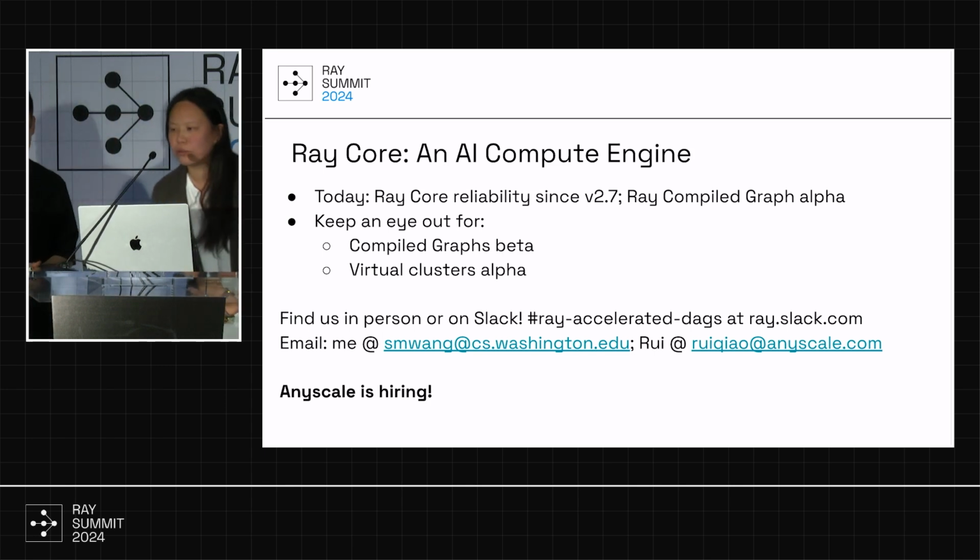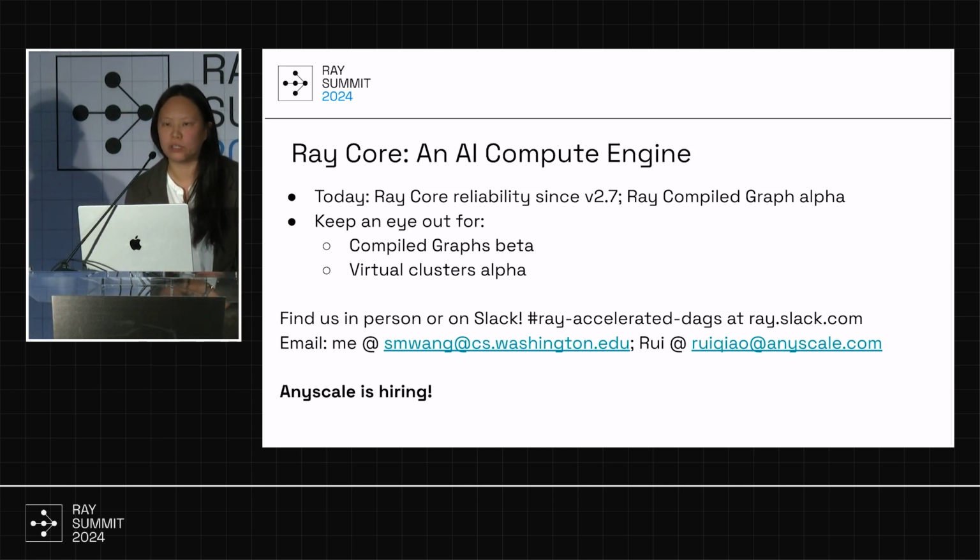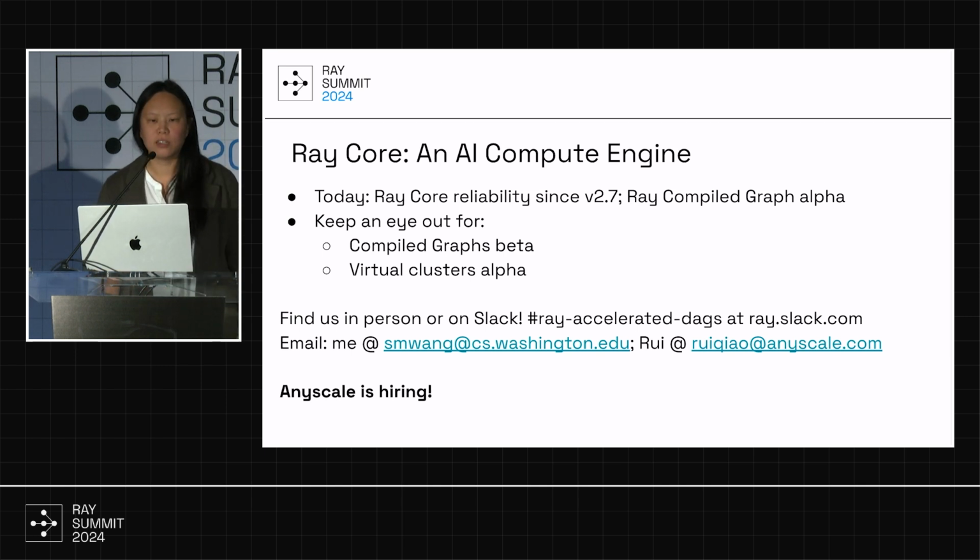Yeah, I think also our goal is actually for this to work well together with Ray Core, because Ray Data is actually an extremely dynamic workload in many cases. If you're using it for batch inference, there can be static parts to it, and those could definitely benefit from this. But by and large, a lot of it is actually dynamic. So ideally, you would want some combination of both.